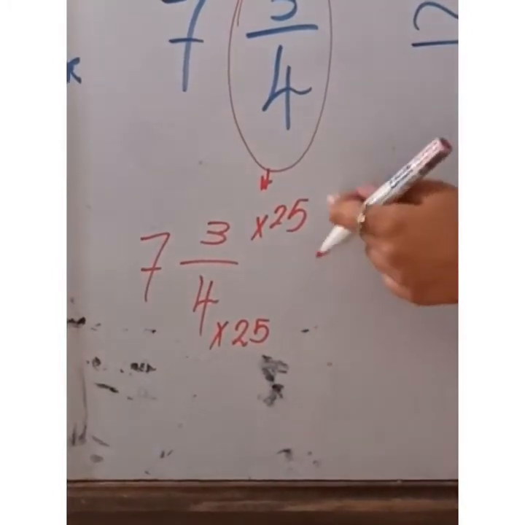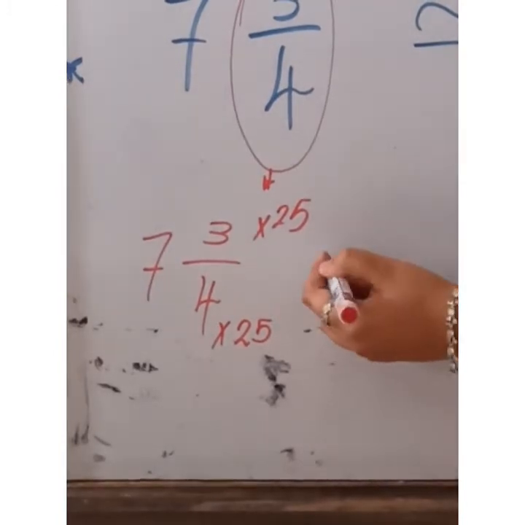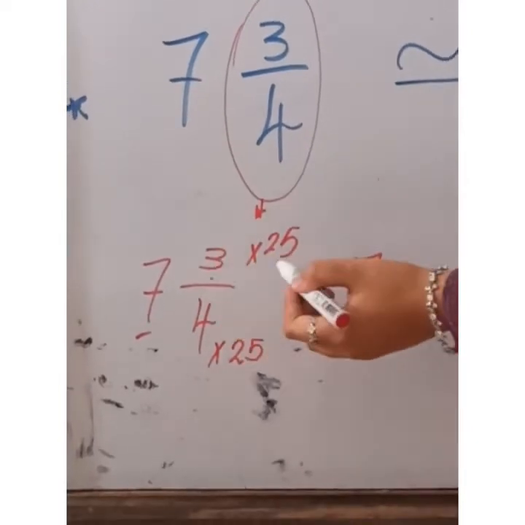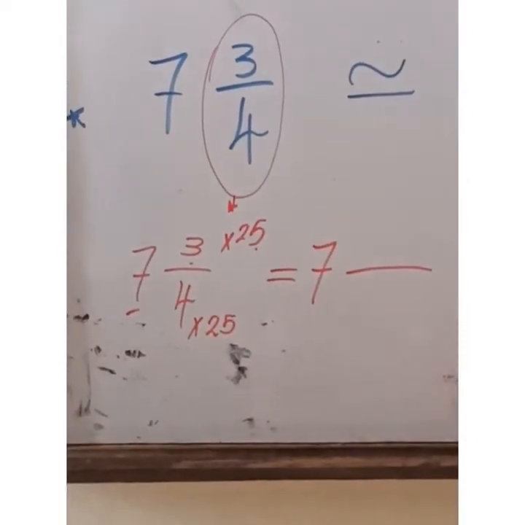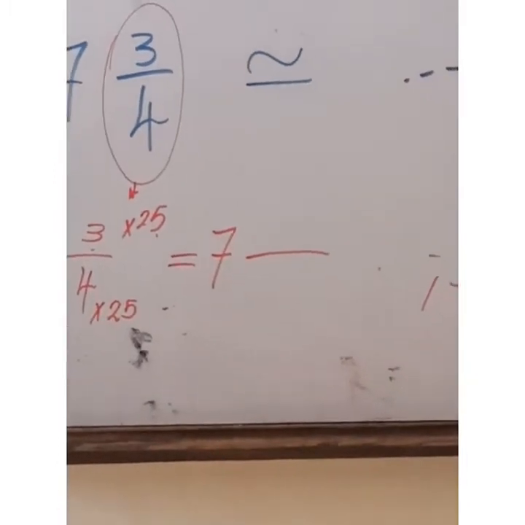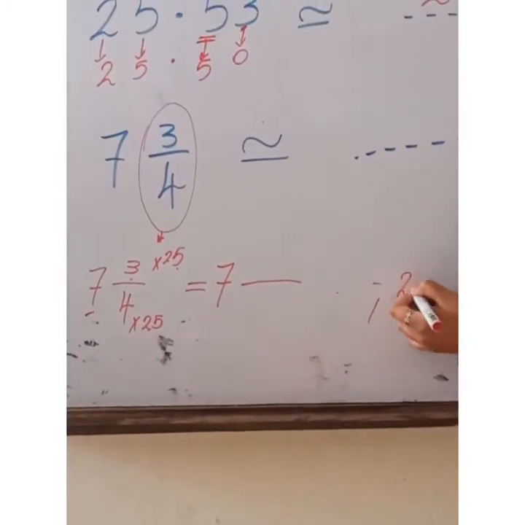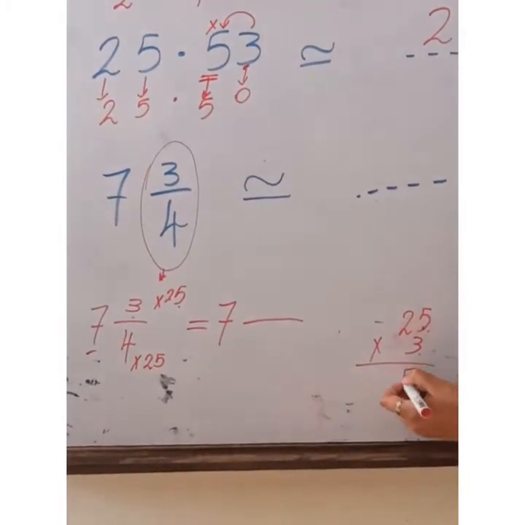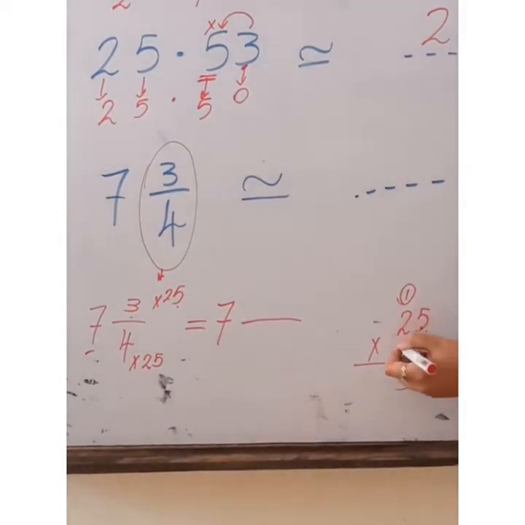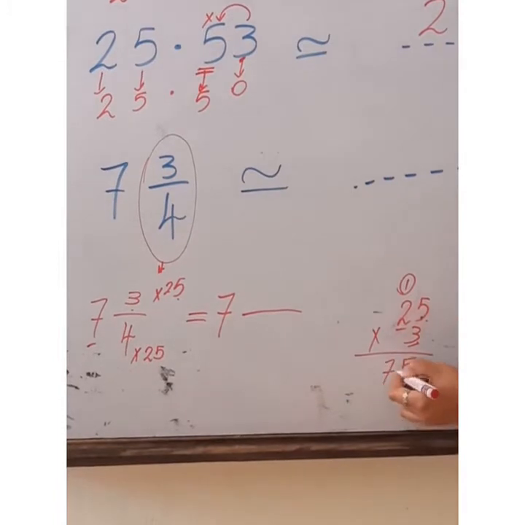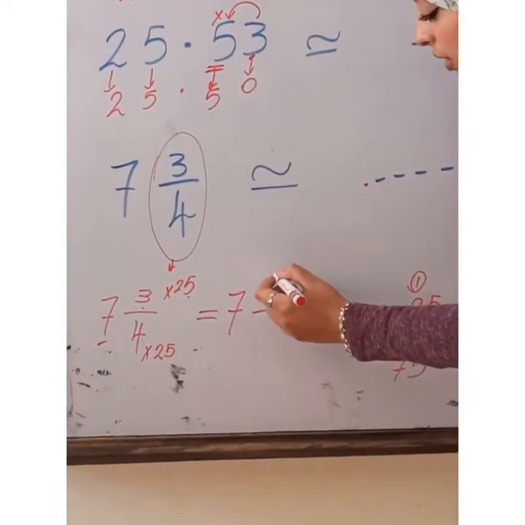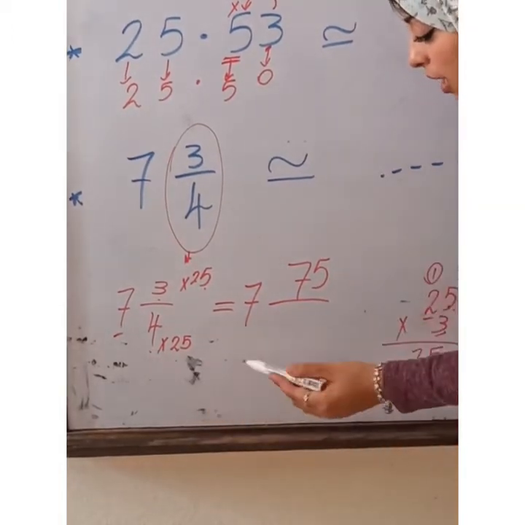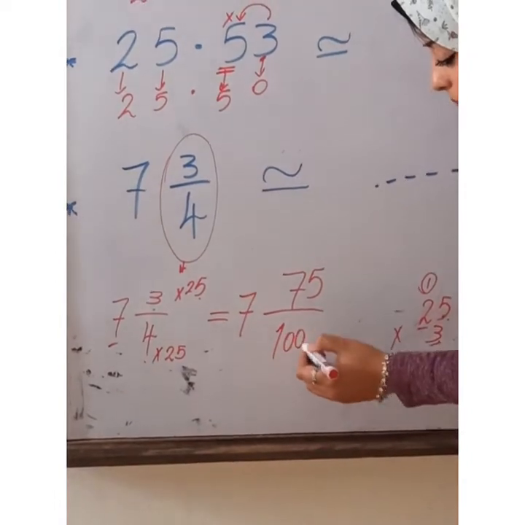We multiply 25 up and down, and here we bring down 7, then 3 times 25: 3 times 5 equals 15. Put 5, carry 1. 3 times 2 equals 6. 6 plus 1 equals 7. Here we have 75 in the numerator. And the denominator, 4 times 25 from the magic box, equals 100.